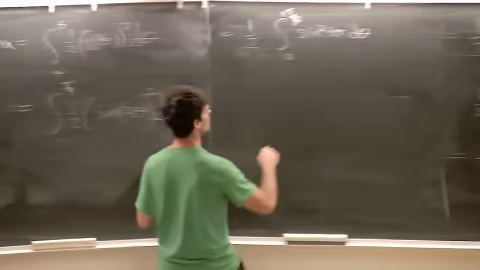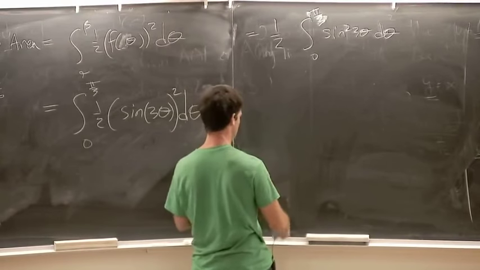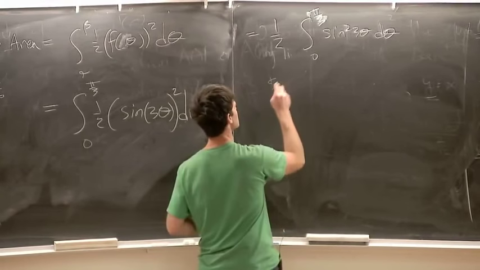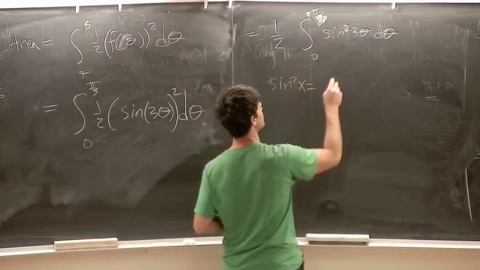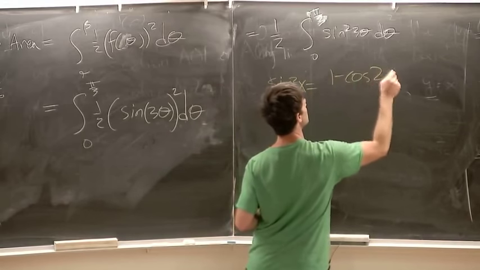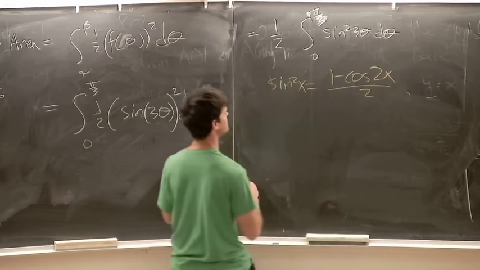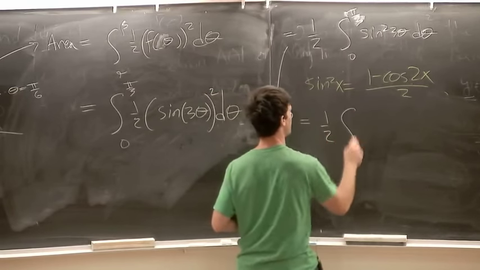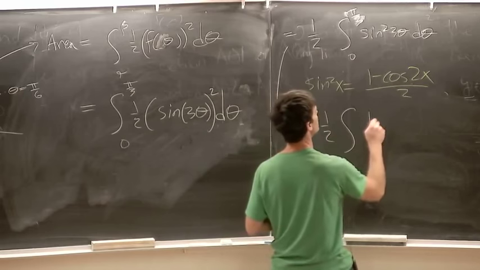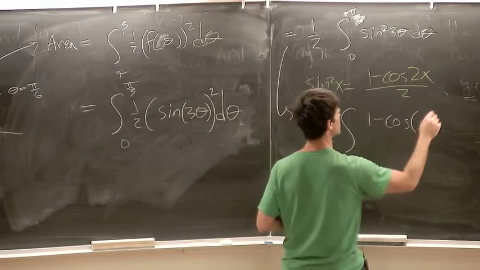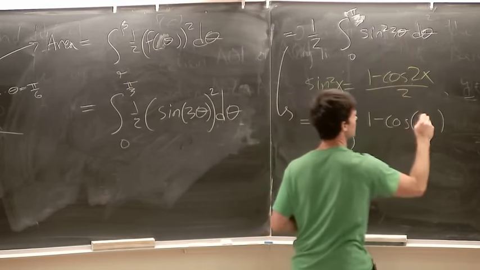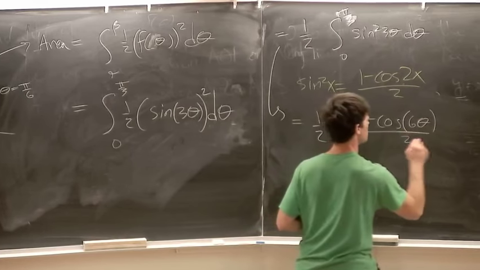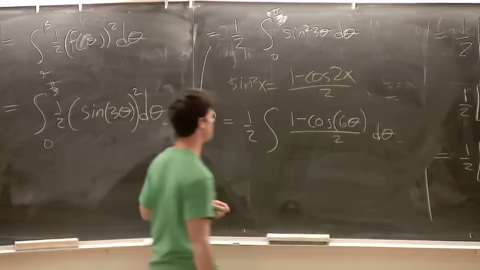Whatever it's called, we can use the trig identity that sine squared x is 1 minus cos 2x over 2. So this thing will equal 1/2 the integral of 1 minus cos of 6 theta over 2 d theta.